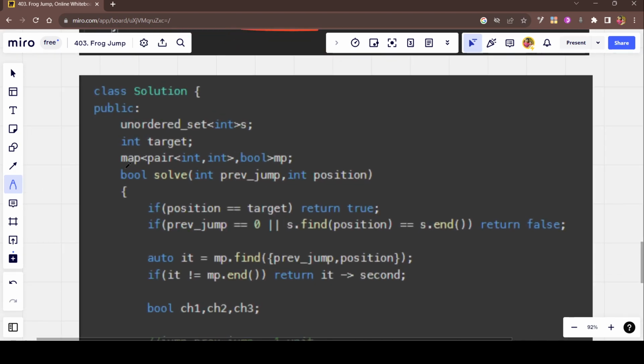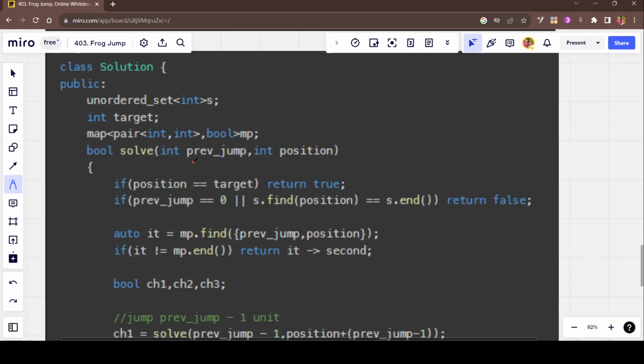So I have created a map, pair of int, bool, mp. You can name it bp, I have named it mp. Map of pair of int comma int, because we have two parameters which are changing: one is previous jump and one is position.